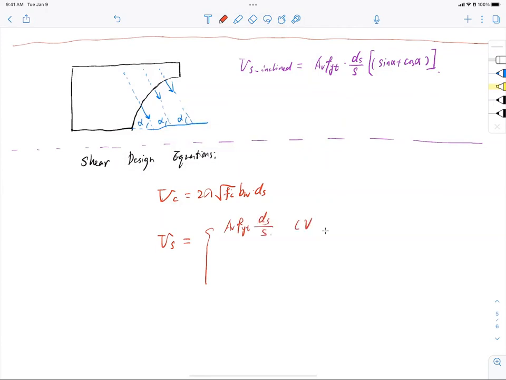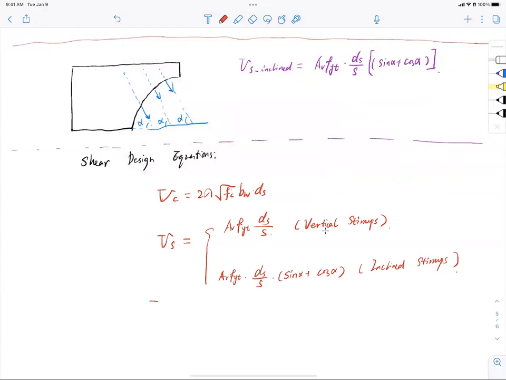and this is for vertical stirrups. And then Av fyt ds over s times sine alpha plus cosine alpha, and this is for inclined stirrups. So that is the contribution.